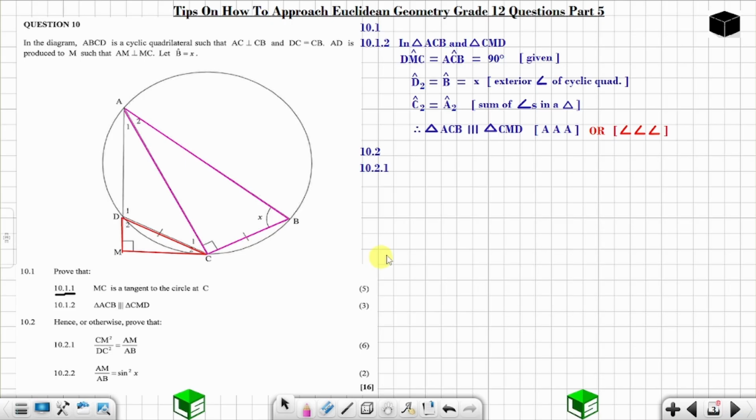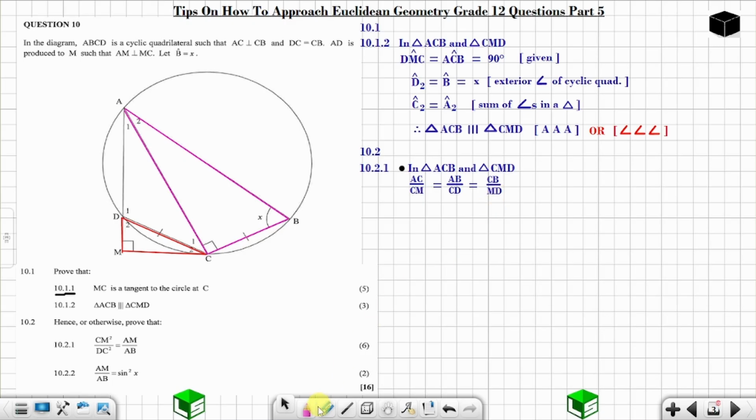So using triangle ACB and triangle CMD, we have AC over CM is equal to AB over CD equal to CB over MD.